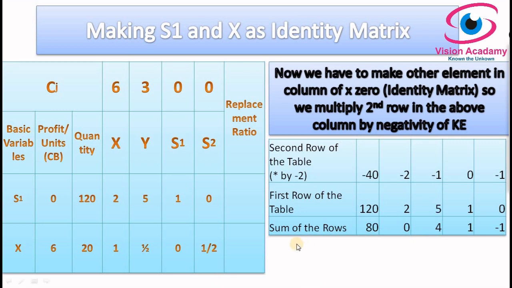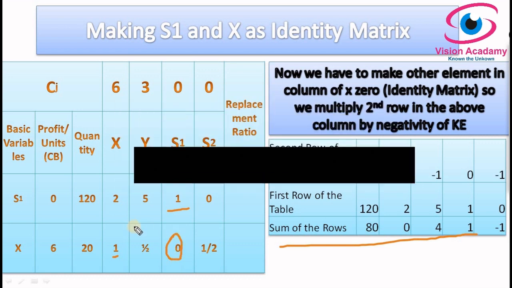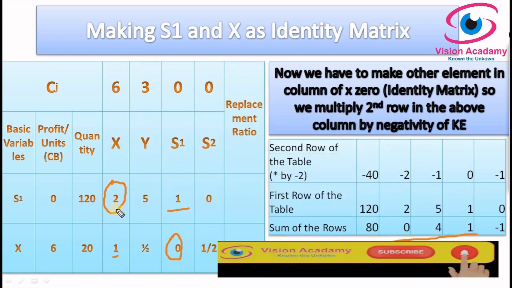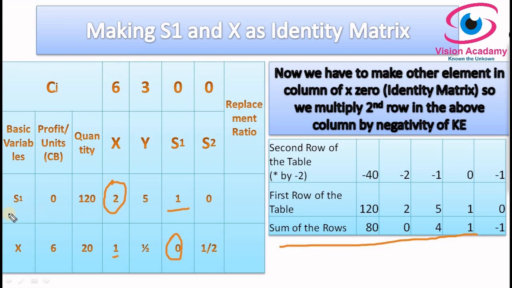And you must be thinking, where should we consider this row operation's values? For your kind information, here S1 and X are in unity, and this value is 0. Now we want to make another value in the column of X 0. For that we will consider the first row of this column.